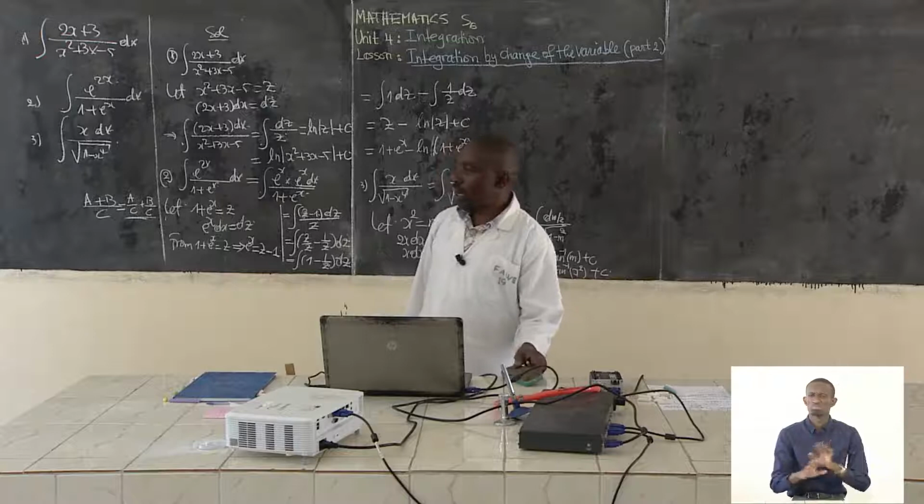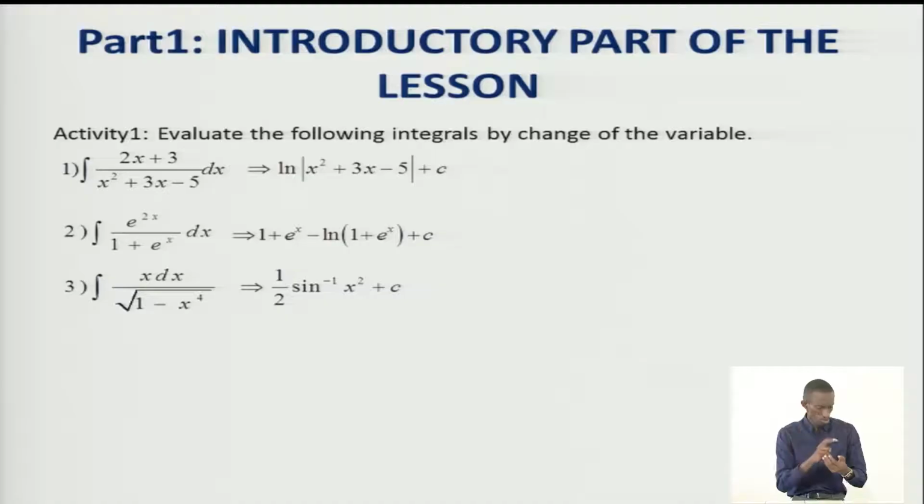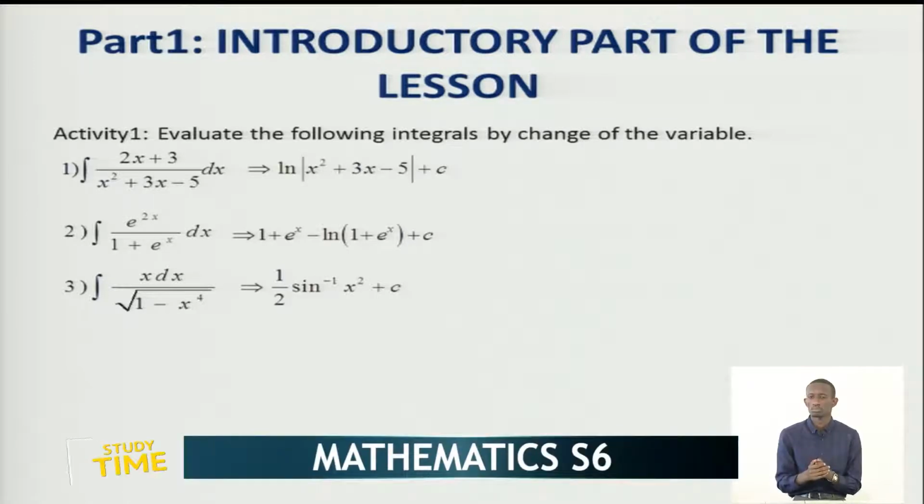You can check with those answers. I hope they are the same. And now you understand how the method of integration by change of variable works, but you have to be clever because you try your best to find one of the standard integrals.